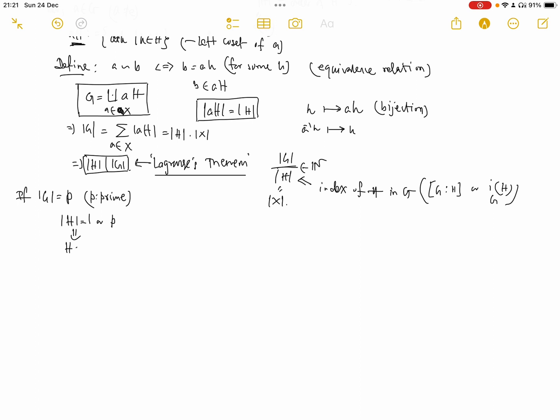If it has order 1, it must be trivial, and if it has order p, then these two have the same number of elements, and because this is a subgroup, this is a subset, so it forces the subgroup to be the entire group. So any finite group of prime order cannot have any proper non-trivial subgroup. So this is the first small observation.